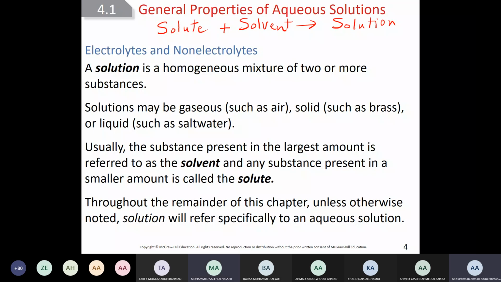In this chapter and in other chapters, it is the thing that you dissolve things in. In this chapter it is water. The thing that you dissolve things in is called solvent. What's the meaning of solute? The thing that you dissolve. And what are you going to make? The solution. So solute plus solvent gives you solution. Give me examples of solutes.